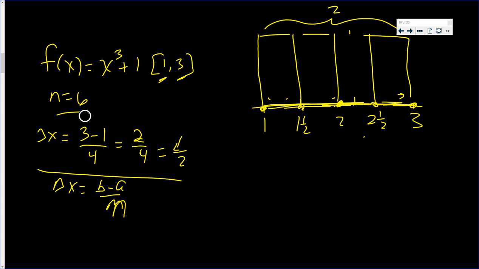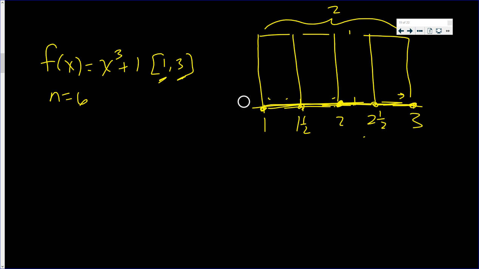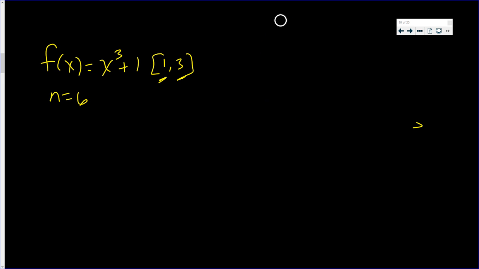So we're told in this case that n is equal to 6. So delta x, the base, is going to be (b minus a) over 6, 3 minus 1 over 6, which is 2 over 6, which is a third.